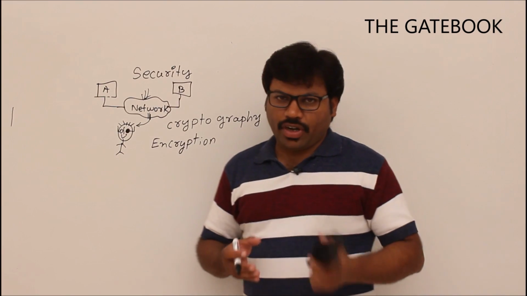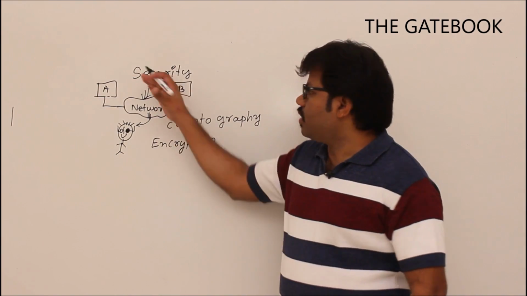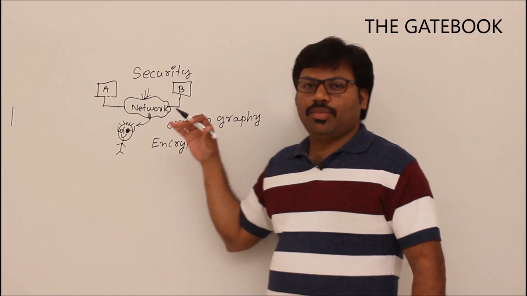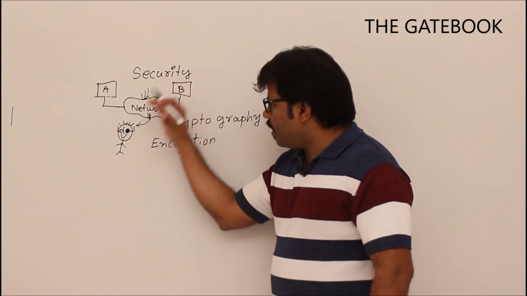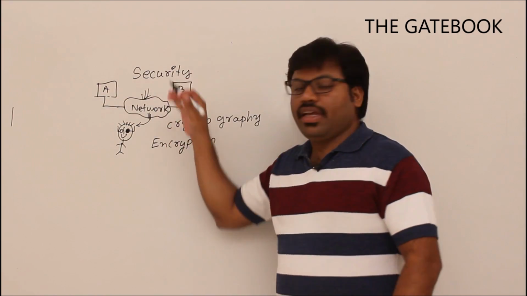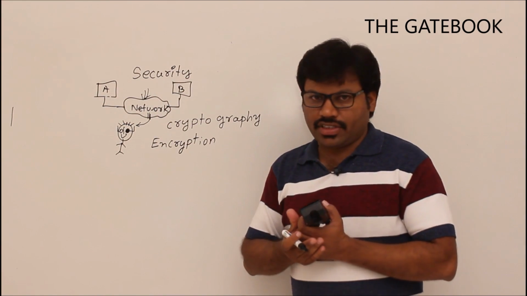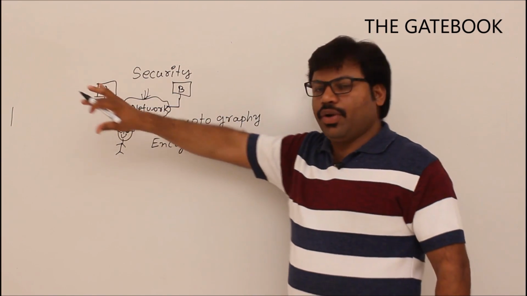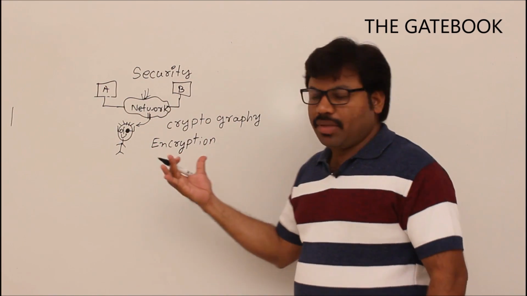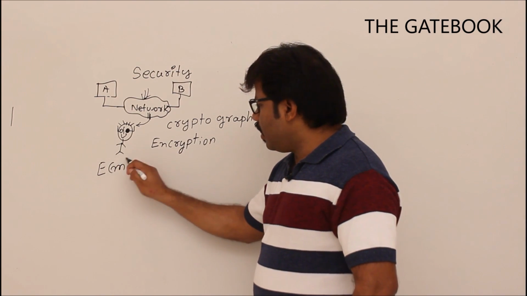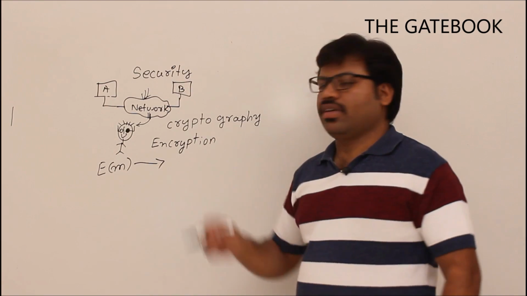Now we'll see one more important concept in computer networks, that is network security. For example, A is sending data to B through a network which is vulnerable. That means a thief can cut the cables of that network and get the data. In that situation, how A and B can have safe communication is the question. For that we have many solutions. At the application level, we can encrypt and decrypt the messages. A is going to encrypt the message and send it through the network.